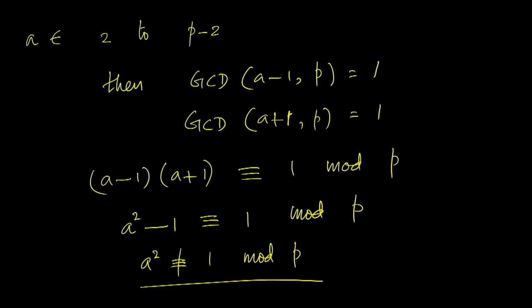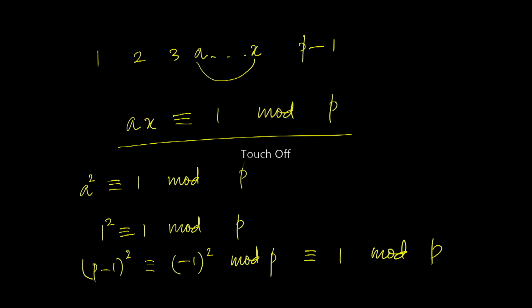Therefore, no a within the range 2 to p minus 2 will have this property. A squared will not be 1 mod p. And here we were seeking all the a's so that a squared is 1 mod p. We found that 1 squared is 1 mod p and p minus 1 the whole squared is also 1 mod p.